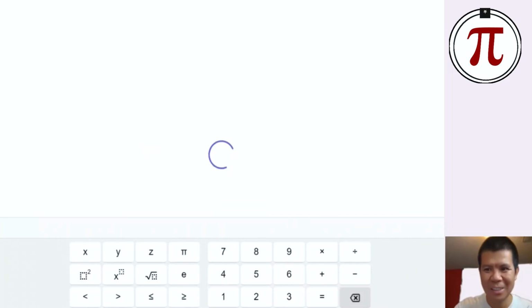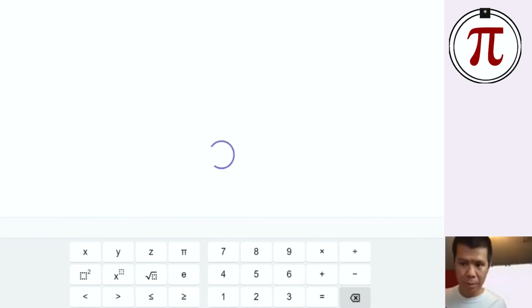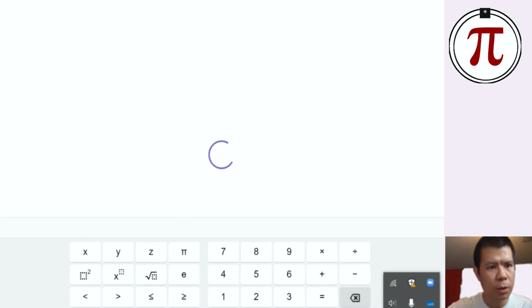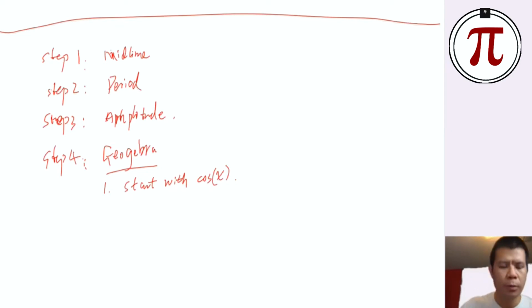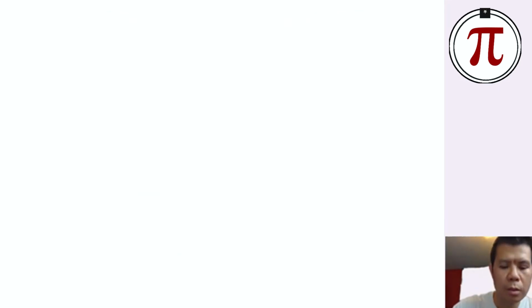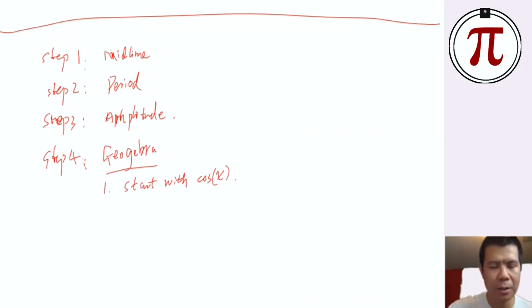Have you guys got it ready? Mine's open too. We can share our screen if that will help. Maybe it's better to download the desktop version instead of running it on the web. Let me just type the function in there. Can we input it? Could that just be y equals cosine x? Sorry, is there any difference between f and x? Calculator.